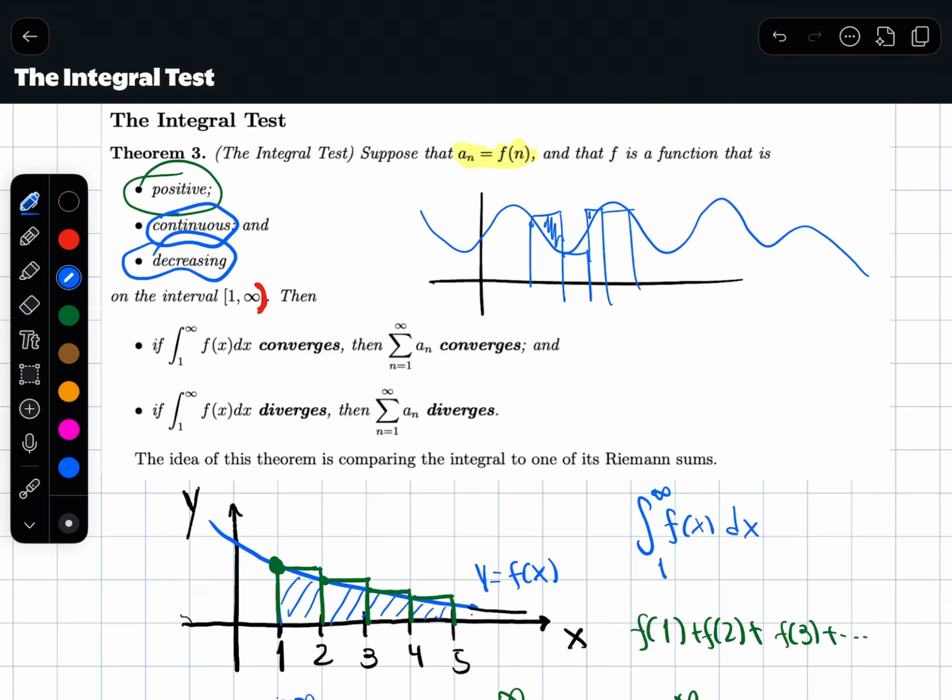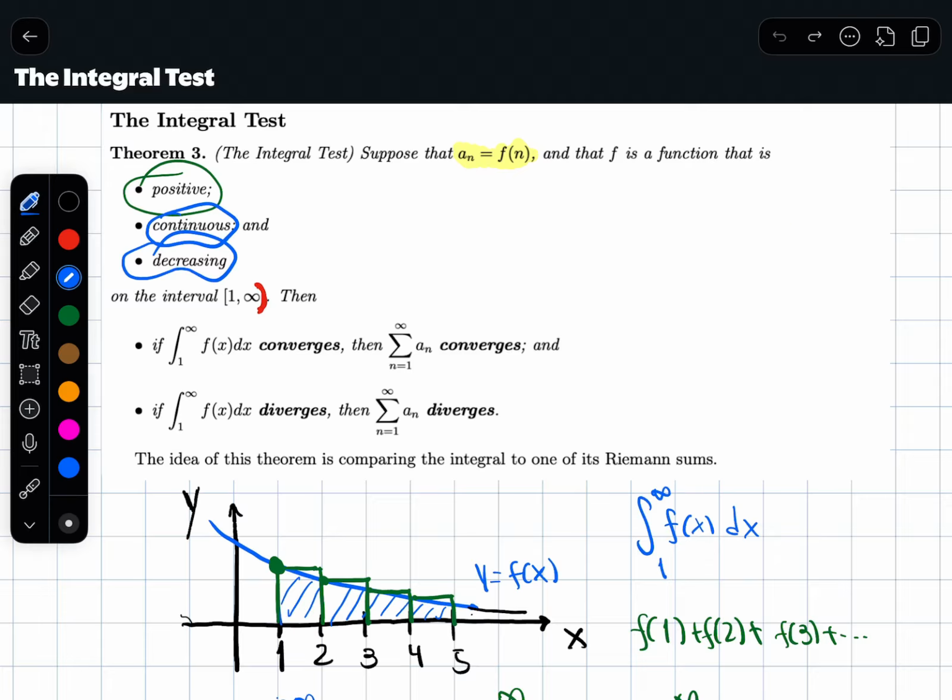So you can't really tell whether the function is bigger or the sum of the areas of the rectangles is bigger. So you want to keep your function always decreasing. And we always need to check all three of these conditions. So I'm going to solve a few examples with you today, and hopefully you'll understand how this applies. This is a very, very interesting and very powerful test.